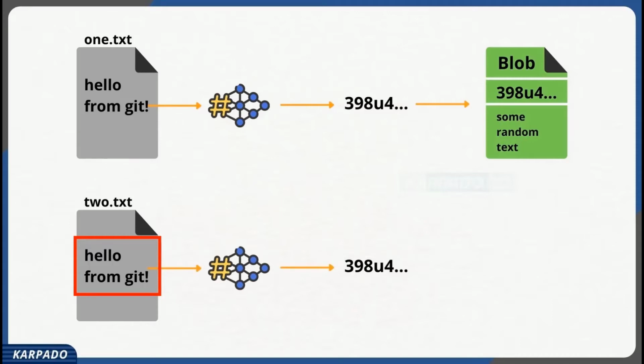And this time, Git will notice that we already have an object that corresponds to this hash code. So Git won't create another blob object. The reason for this is quite obvious. Why would we want to create the exact same blob object when we already have one? Why don't we just use the existing one? It makes sense, right?